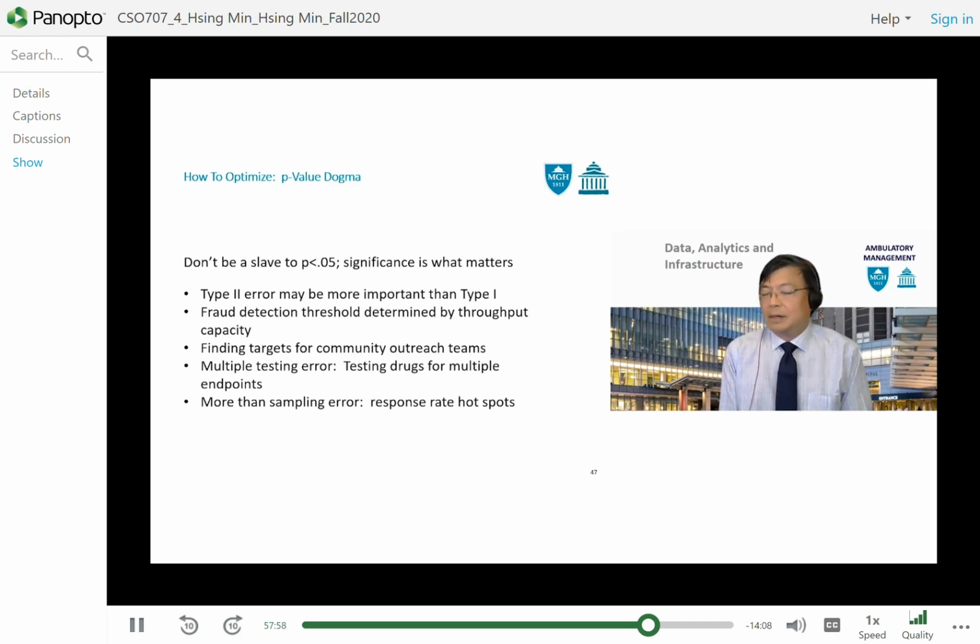So type 2 error in that case may be more important. P-value does not tell you that. P-value is also only a function of sample error. And as I mentioned, there are many, many other sources of error, and they often overwhelm sampling error.